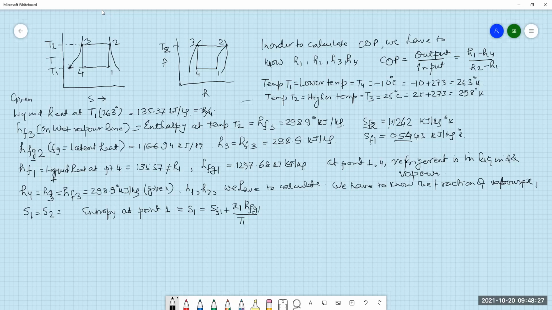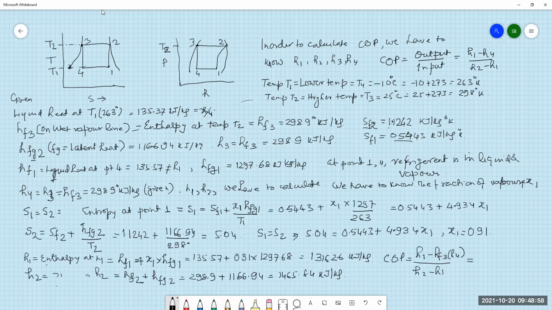Thus, the coefficient of performance COP is given as H1 minus H3 (or H4), divided by H2 minus H1, where we have calculated H1, we have calculated H2, and we know H3.